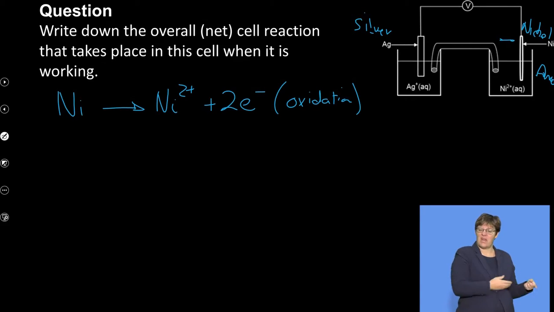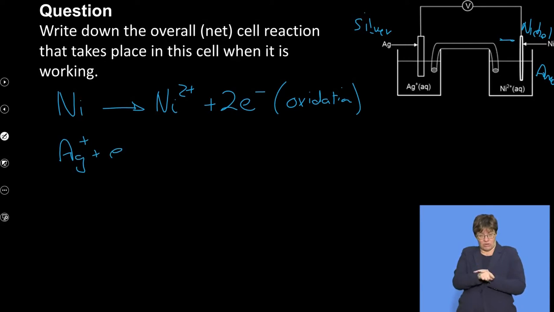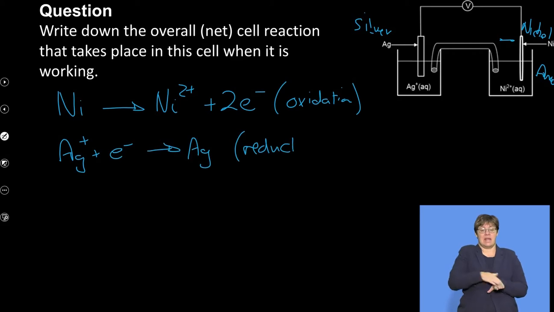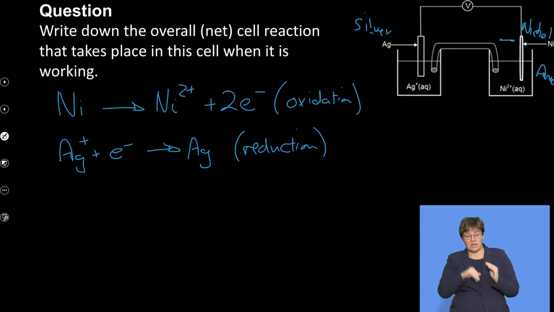Now, what about the other half reaction? Well, silver ions are going to gain an electron to form silver metal. I'm going to indicate that as reduction, because a gain of electrons is a reduction reaction. Remember, reduction takes place at the cathode.